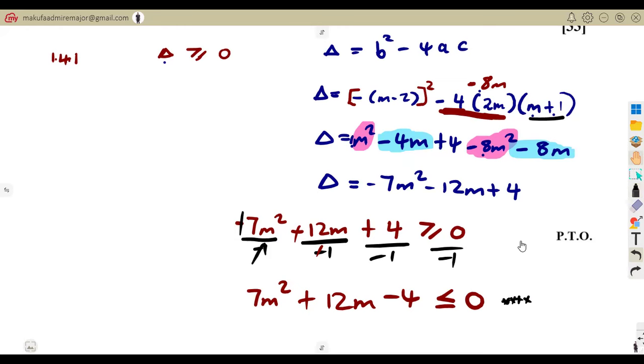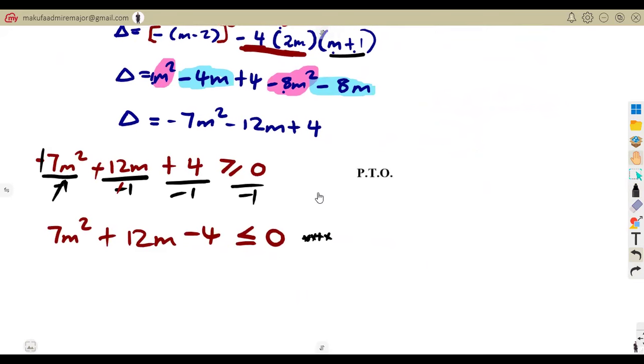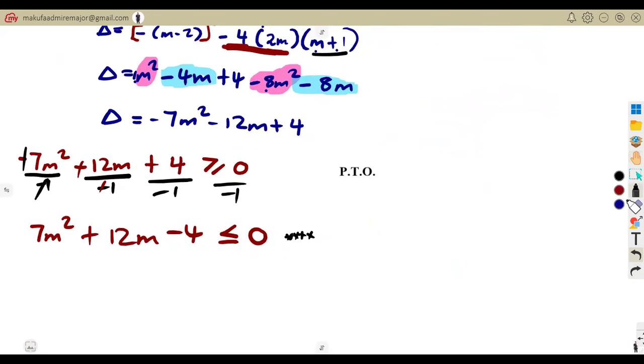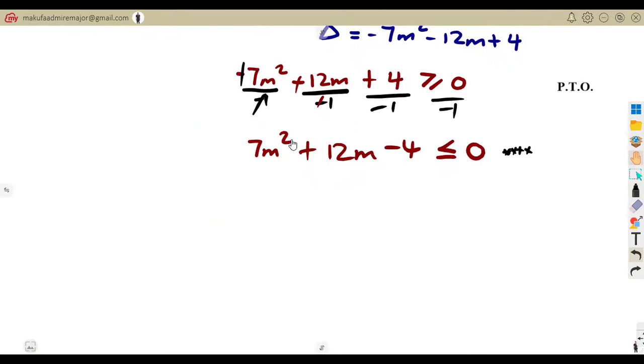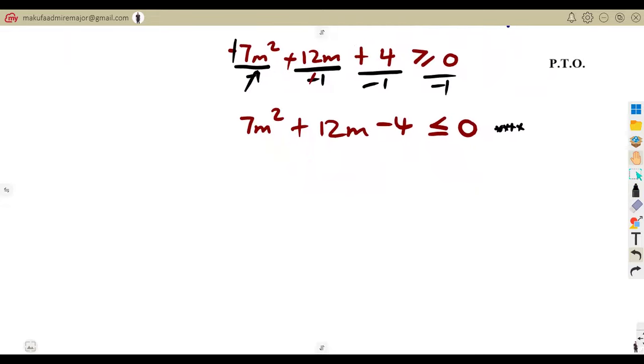So as we understand, for every inequality that you're going to solve, you're going to be working with the critical values, where you solve for the letter that you're given. We are solving for m. So for critical values, you're going to use your factorization method, or you're going to use the quadratic formula. Most of you guys, once the coefficient of m squared is no longer a 1, it becomes a challenge. So use your quadratic formula if it is like that.